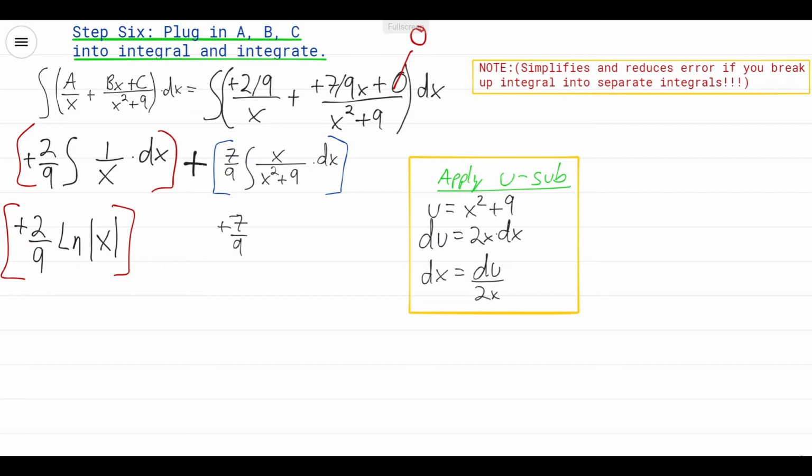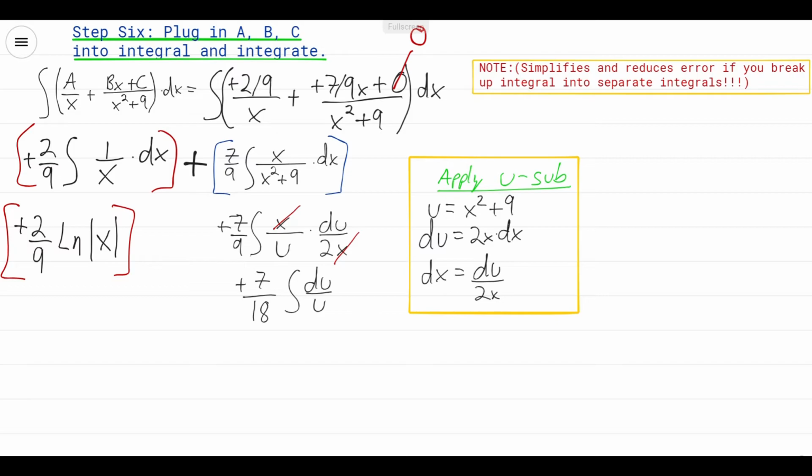So this is equal to, in terms of u, positive 7 over 9 x divided by u times du divided by 2x. And I know that those x's can cancel each other out. And what I'm left with is plus 7 over 18, because I can factor out the 2 on the denominator, and 9 times 2 is 18, times the integral of du over u. So keep in mind, what's the integral of du over u?